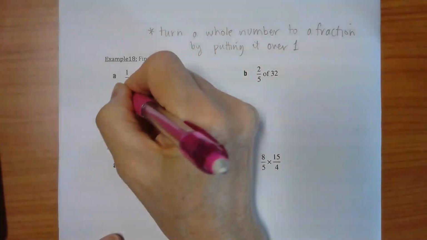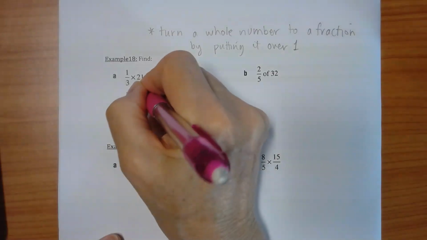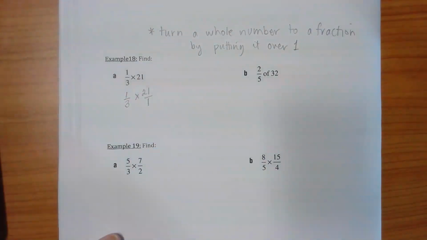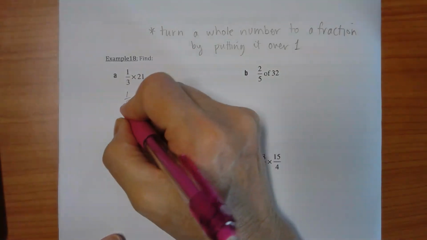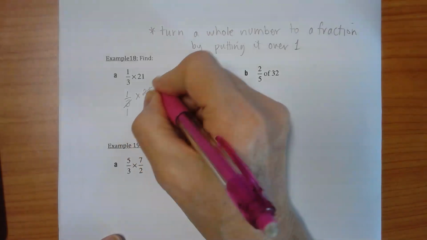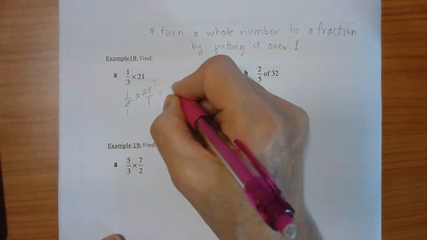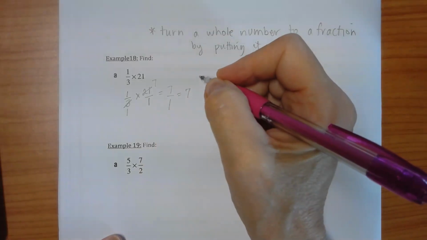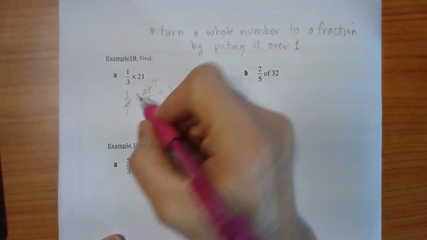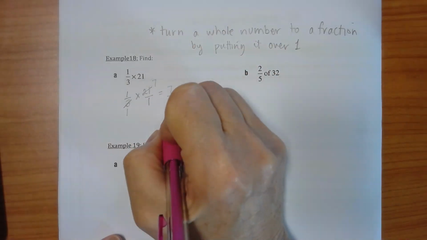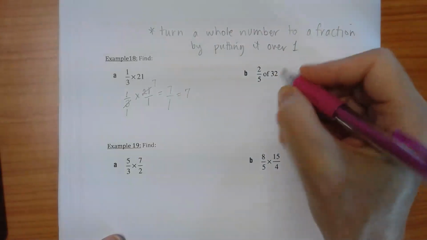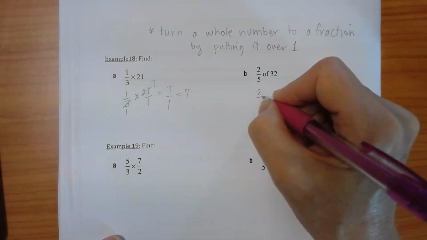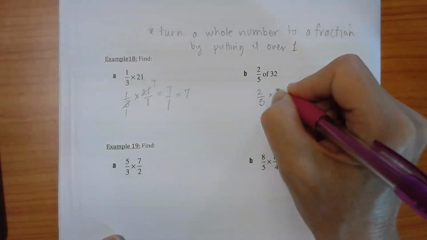Okay, so I can make this 1/3 times 21 over 1. Now, some of you know your times table, so you have your times table in front of you. You can go 3 goes in here 1, 3 goes in here 7. So I end up with 7 over 1, which is just 7. Okay. Others of you will multiply across the top and get 21 over 3, and when you simplify it, you'll get 7. Remember that the of means times.